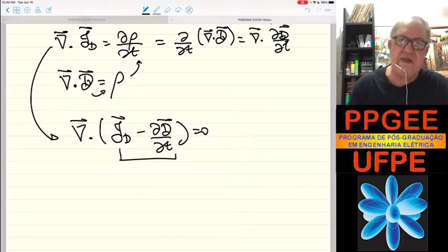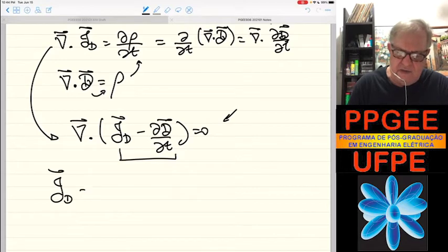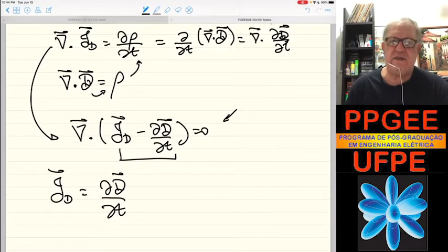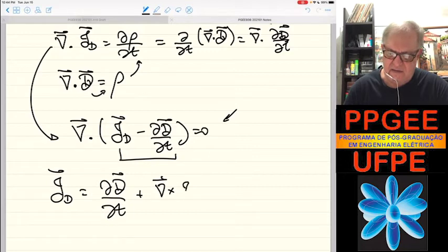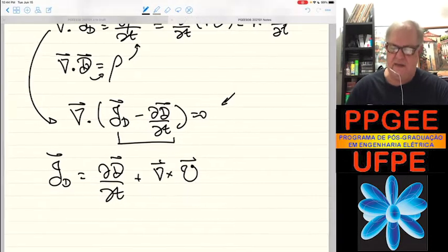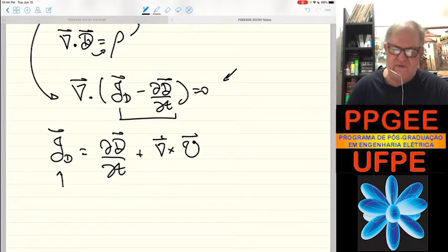It's one possibility, but the general solution of this equation is JD equals dD/dt plus a vector that has 0 divergence, a solenoidal vector, and any solenoidal vector can be written as the curl of another vector. I'm going to call this cursive V, okay? It's a vector V, a cursive V.